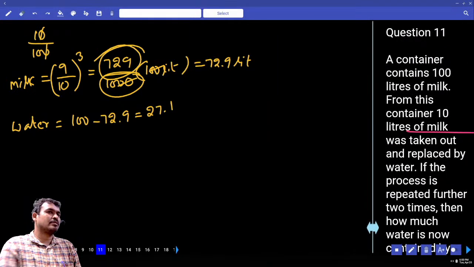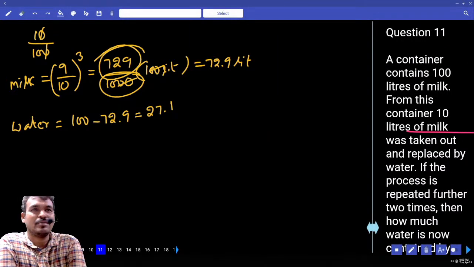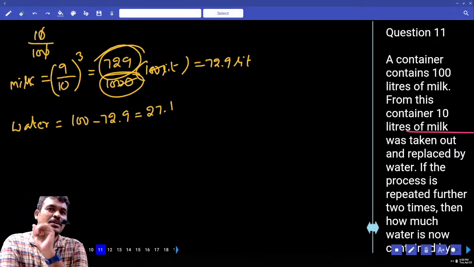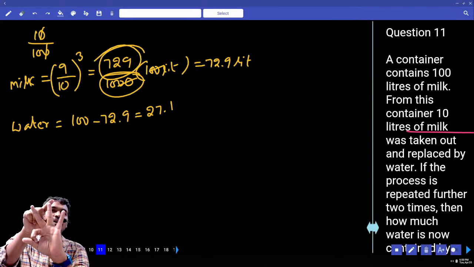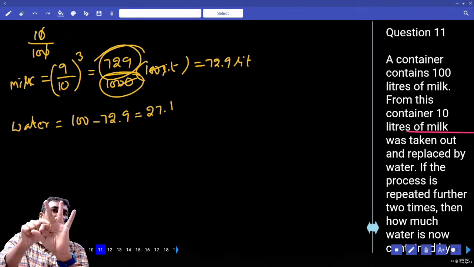Every time how much percent is removed? 10%. How many operations? 3 operations. Initial quantity 100%. 10% removed means remaining 90%. Again 10% removed means remaining 81. Again 10% removed means out of 81, 10% is 8.1. What is the remaining? 72.9. If initial mixture is 100%, initial milk is 100%.